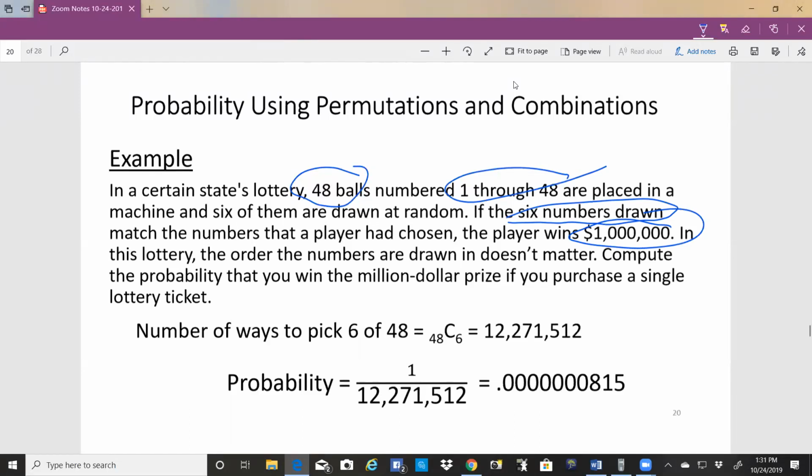The total number of ways to pick 6 balls out of 48 is a combination of 48 things, taking 6 at a time. I'm not going to stop and put it in the calculator, but if you do it, you'll get 12,271,512. So the probability of your one ticket winning is this small, basically 1 in 12 million.